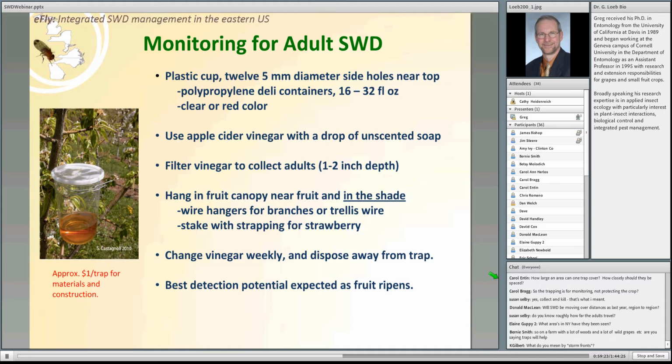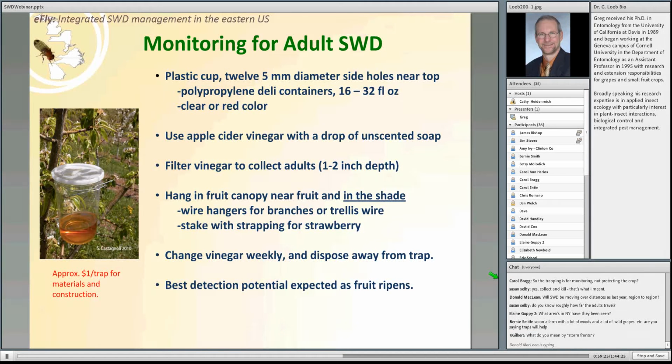Bernie Smith asks, so on a farm with a lot of woods and a lot of wild grapes, etc., are you saying traps will help? I guess what I'm thinking about in terms of wild hosts near a farm is that traps in those wild hosts may be an early warning system that the crop plants are at risk.